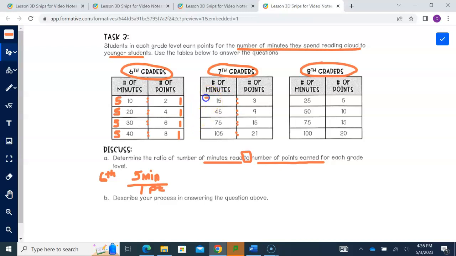But when we reduce 15 to 3, it comes out 5 to 1. 45 to 9 is also a 5 to 1 ratio. And 75 to 15 is a 5 to 1 ratio. And then 105 to 21 is a 5 to 1 ratio. So they have the same number of points that they're earning. 7th grade is also earning 5. Every 5 minutes, they're earning a point.